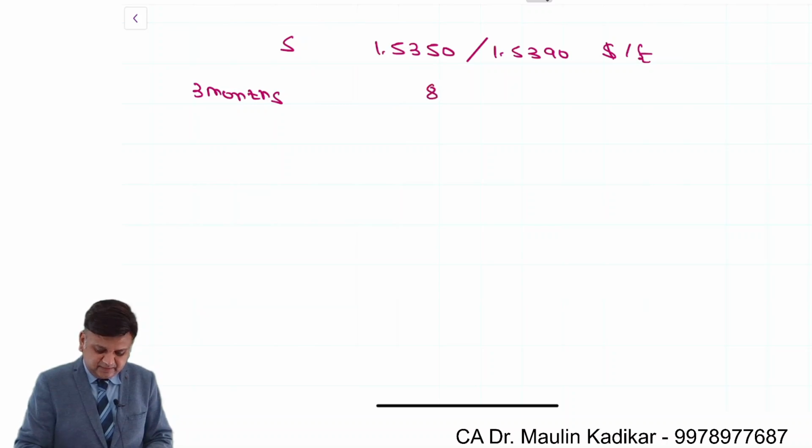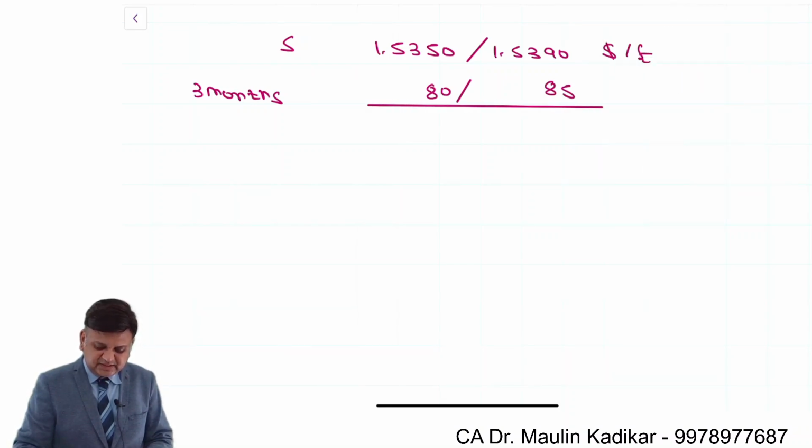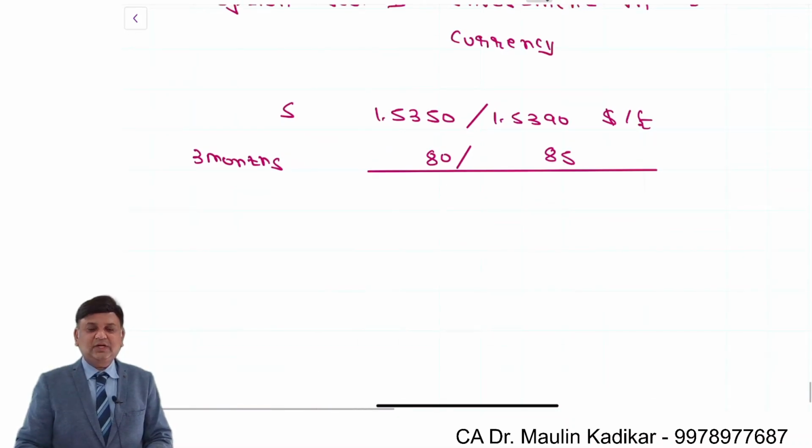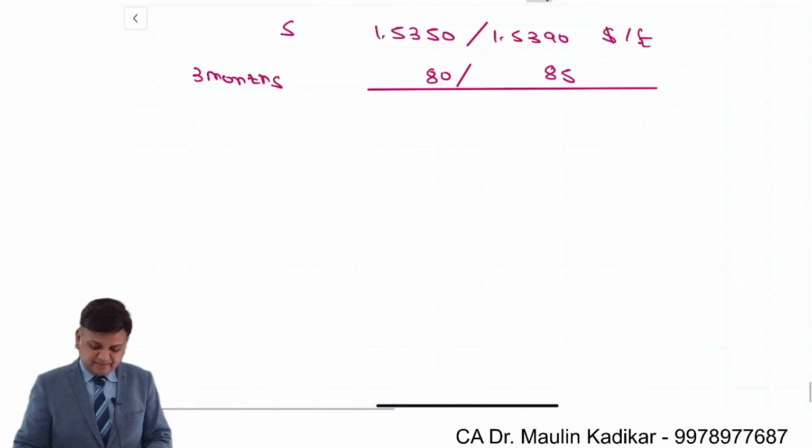It is 80/85. Dear students, over here since it is low high, it is required to be added to spot exchange rate to compute the forward exchange rate.